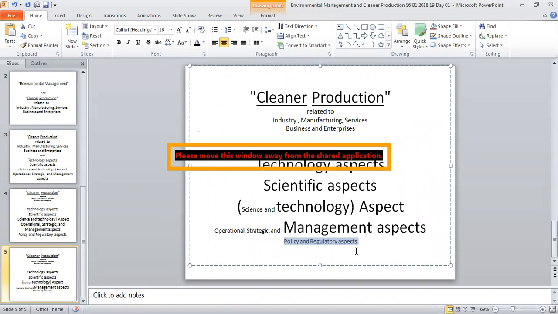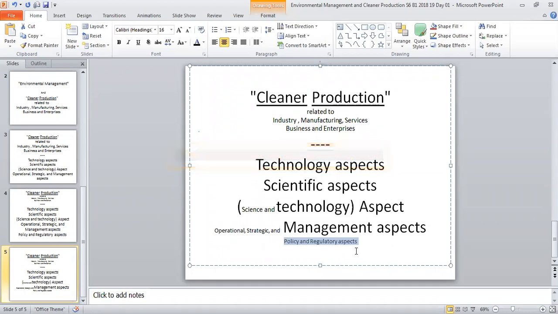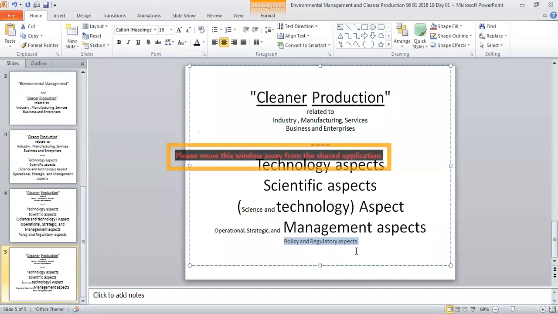So one more thing. How can you define environment? Can you define environment? Now there are different environments.